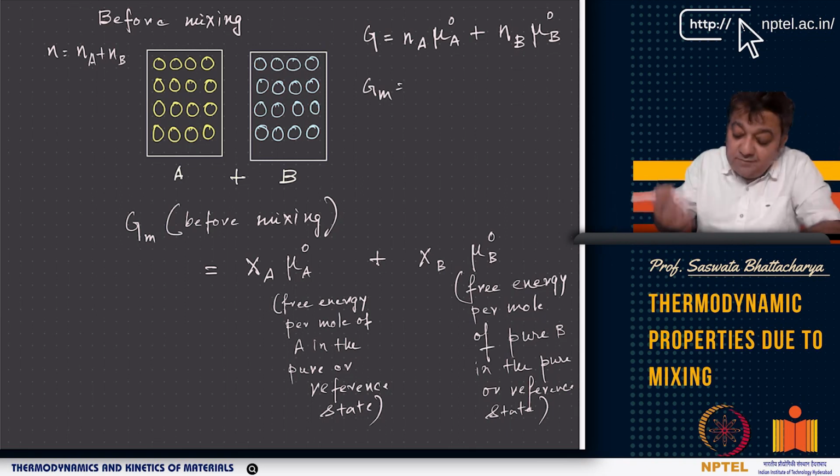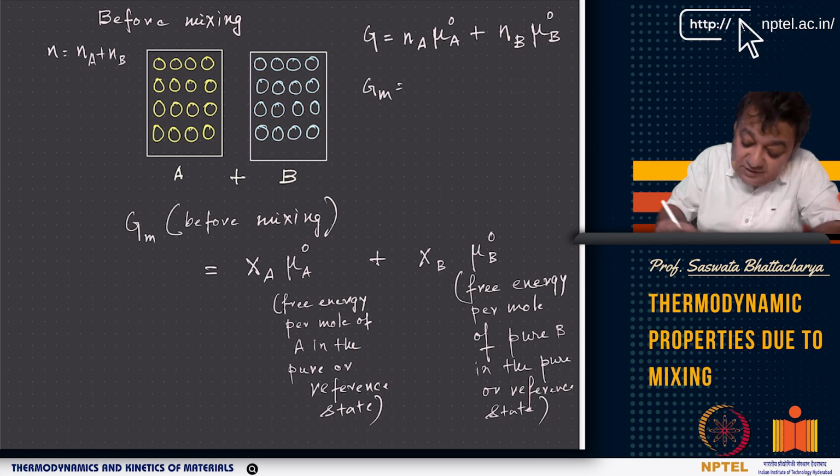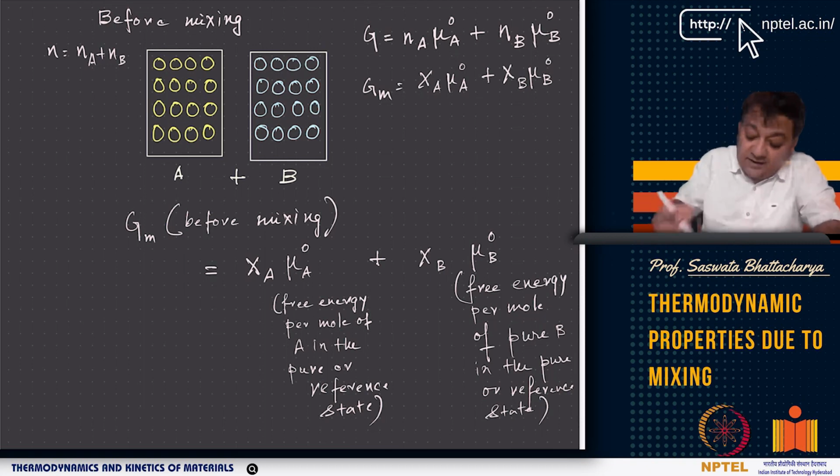Please note that the superscript 0 indicates the pure state. Now Gm equals XA mu A 0 plus XB mu B 0, because I am dividing by N. So Na by N is XA, Nb by N is XB. And this is the Gm before mixing.